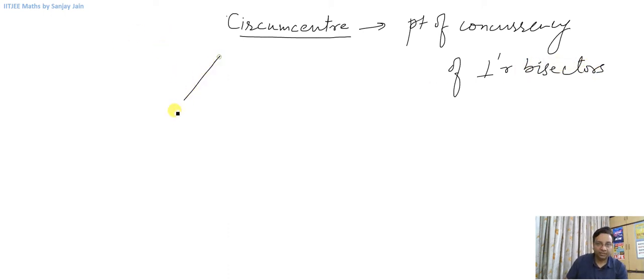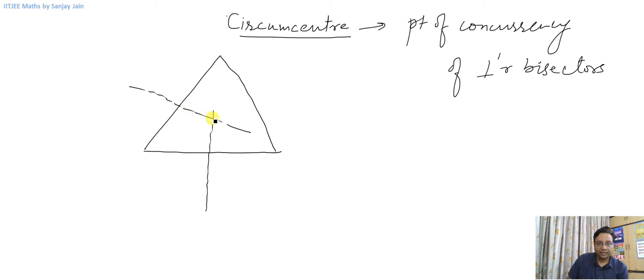What I mean is, if there is a triangle and I draw the perpendicular bisector of this side, I draw the perpendicular bisector of another side, then this point here is known as the circumcenter. Now these are perpendicular bisectors.